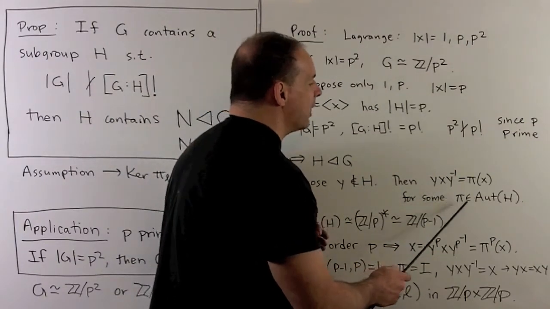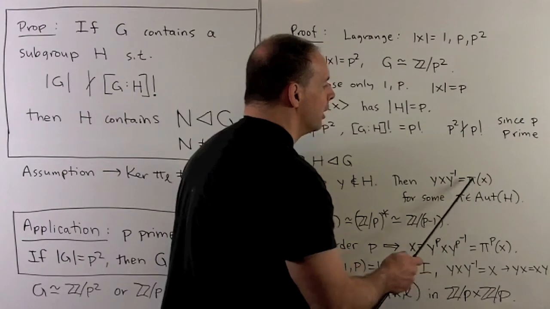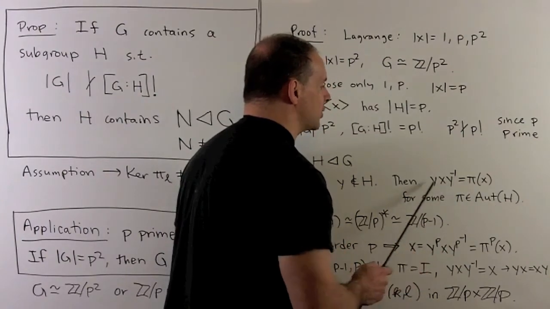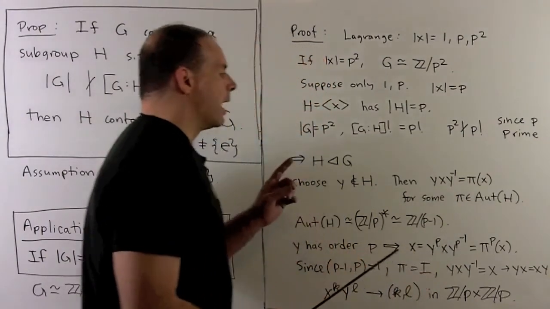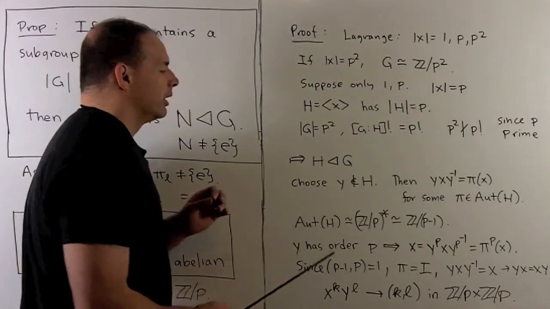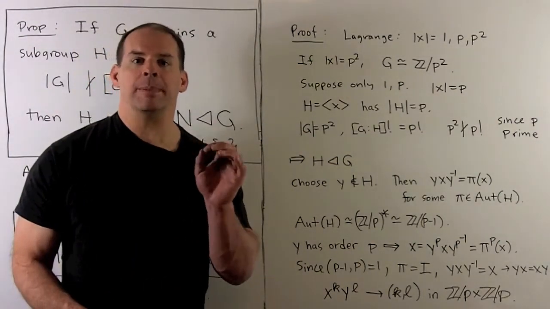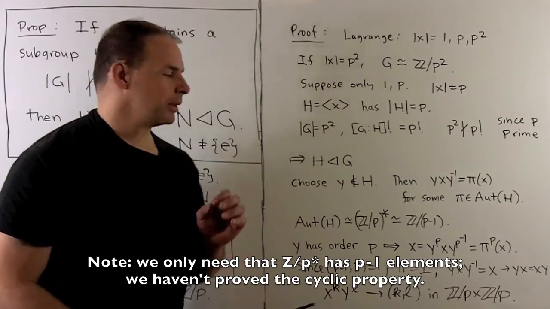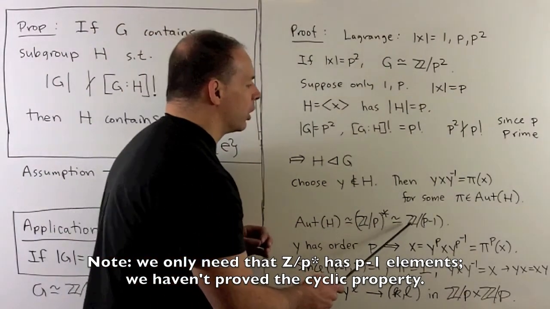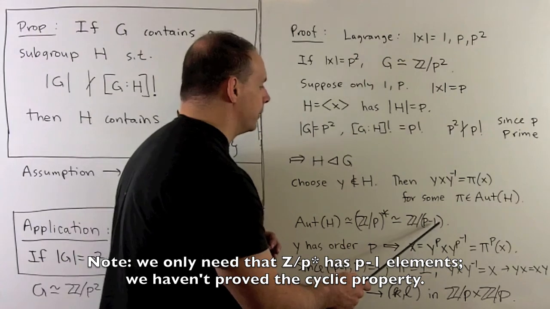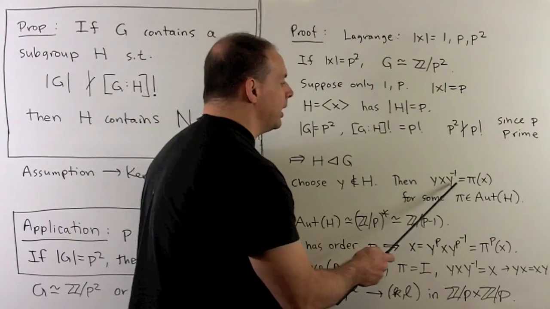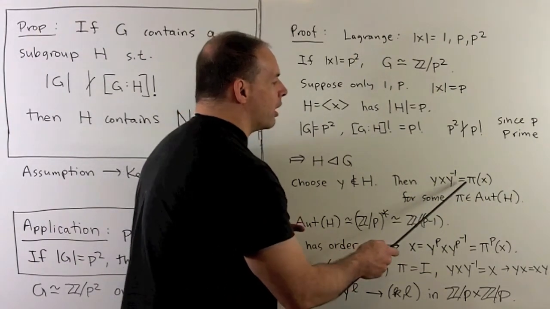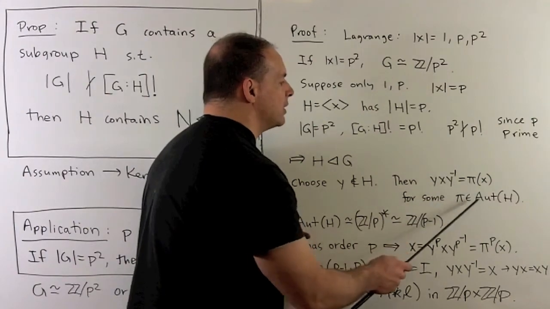So we're going to have some pi in the automorphism group of H, and here we have pi applied to X. Now, Aut of H, okay, H is cyclic of order P, so Aut of H is isomorphic to Z mod P star. That's a cyclic group of order P minus 1. Y has order P, so that means the order of this automorphism is going to have to divide P.